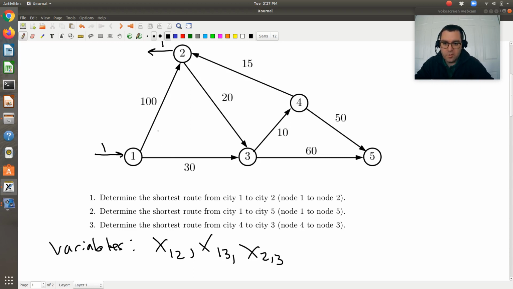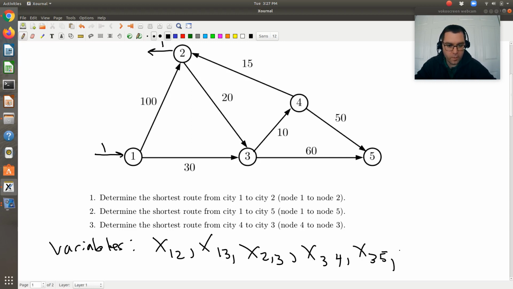Okay, so I'm just going to go through the routes exiting each node. So I have 1, then 2 just has the 1 exiting. So if I go to 3, I'm going to have x34, x35. Okay, that's that.